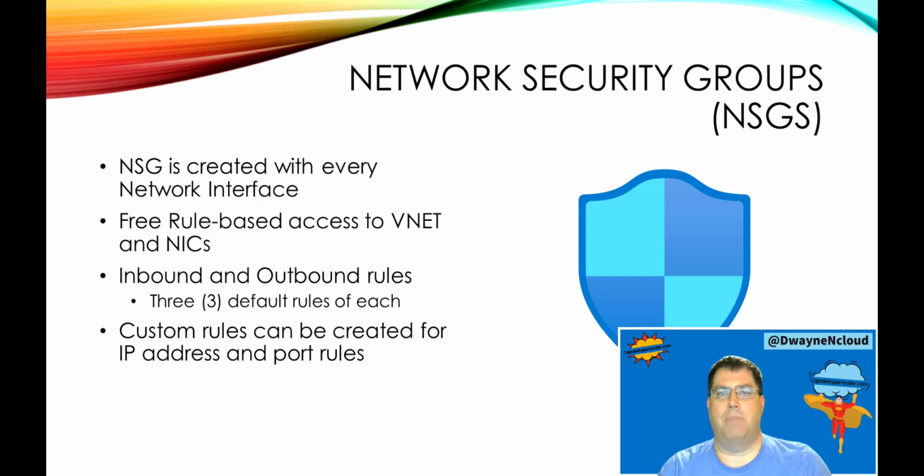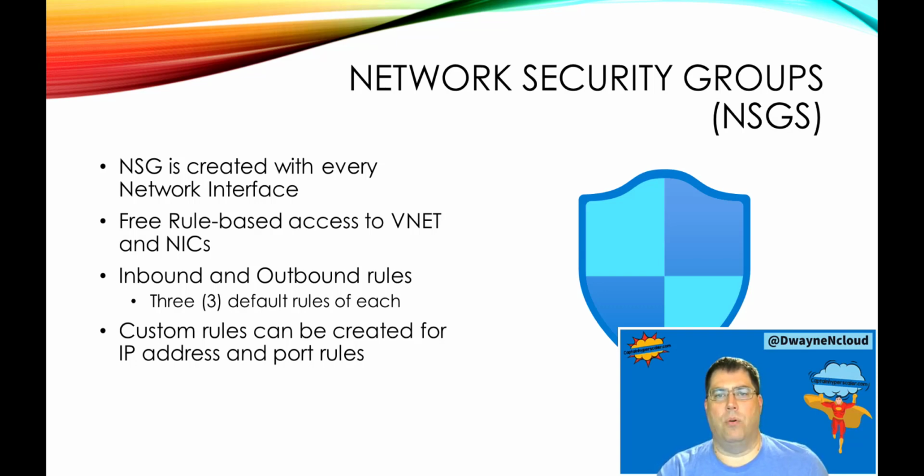This is strictly based on IP addressing, ports, and protocols. So it's really working at the transport level and not doing any deep packet inspection, but it is an excellent way to create some free traffic access control within your environment when you're building your virtual networks and starting to build your network architecture.